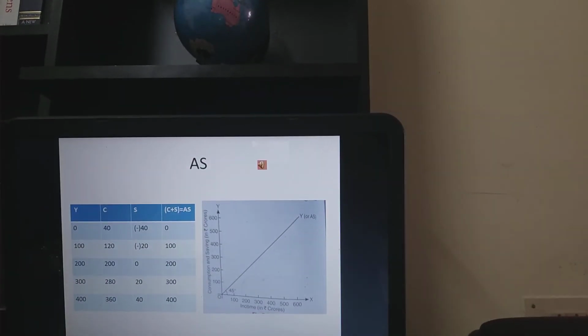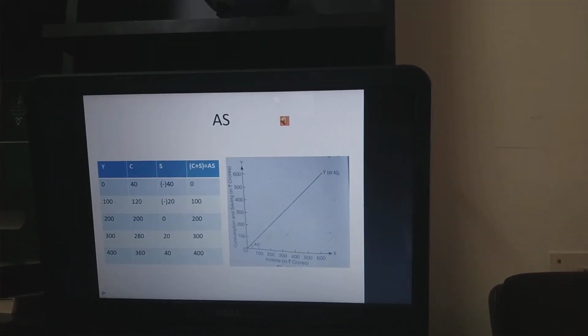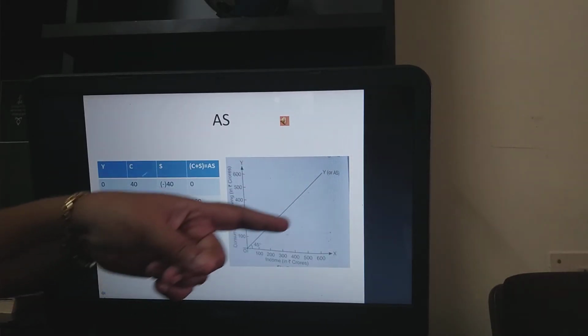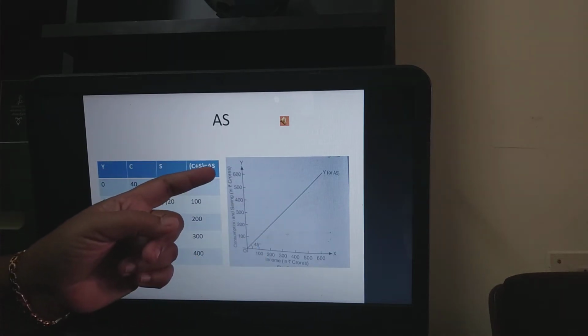So here I have the detail for you on screen. The aggregate supply curve first. The aggregate supply is a 45-degree line indicating the income and the expenditure equality.